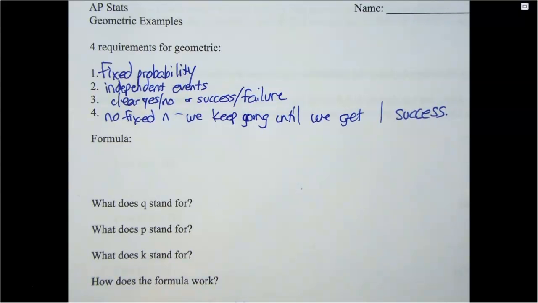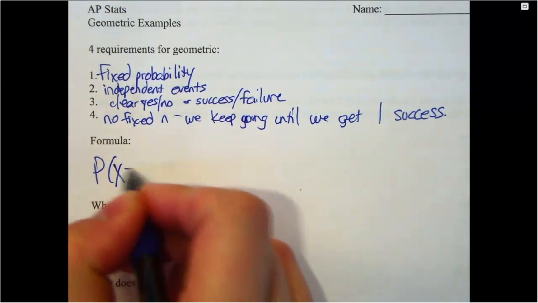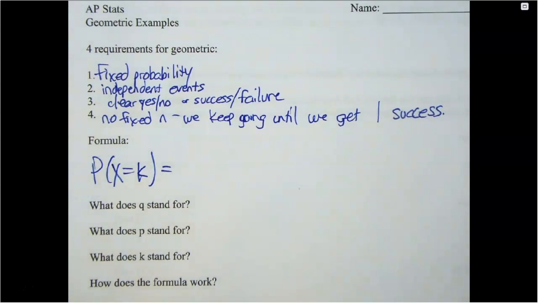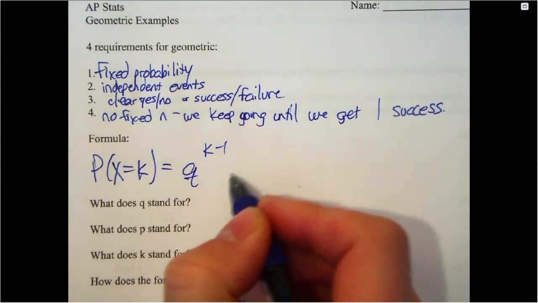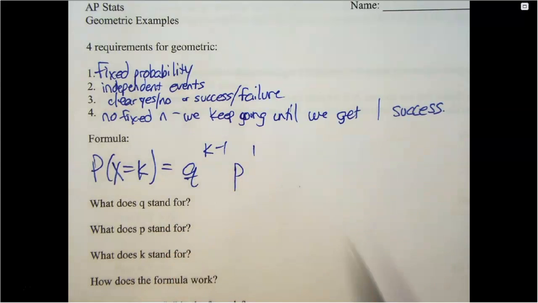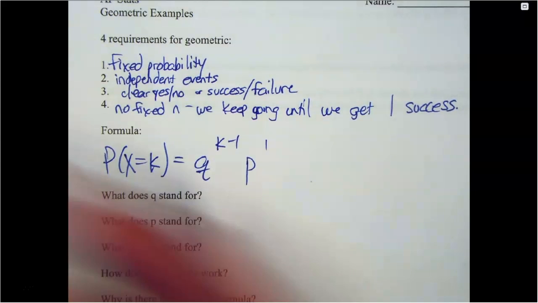Sure, I'll leave it all up there. Probability x equals k is q to the k minus 1 times p to the first. You don't necessarily need the first, but it helps me remember there's 1 success.